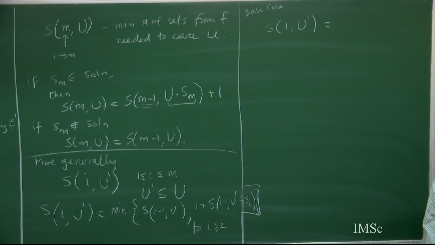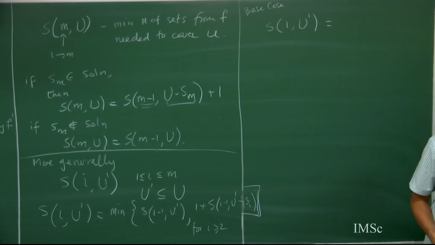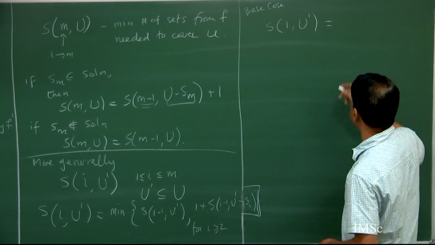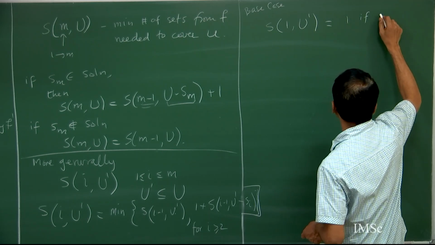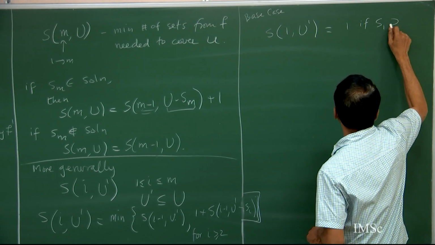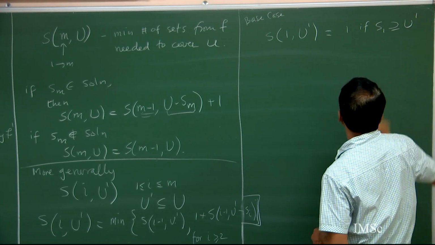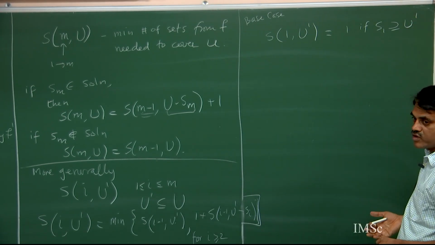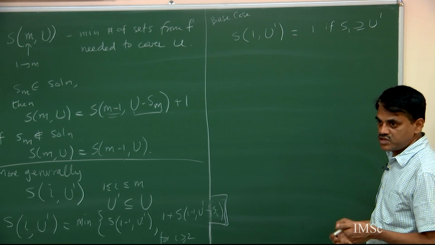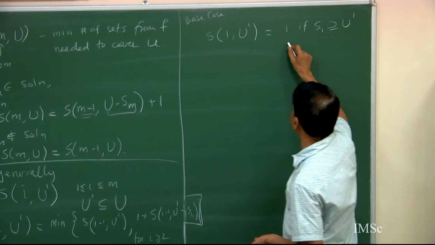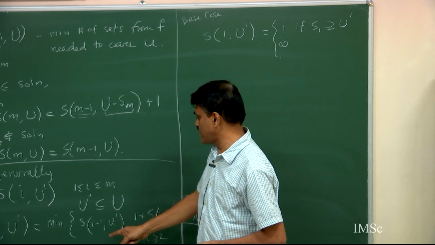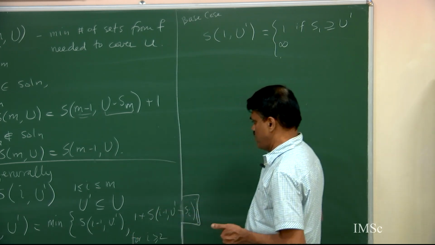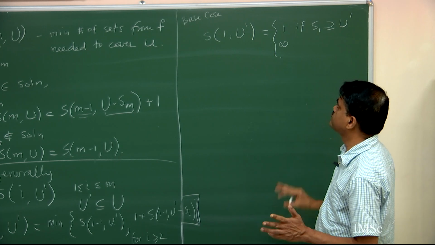I will give infinity or something, because it is a minimization problem. It is 1 if S_1 contains U', because you want to cover U' with only S_1. Otherwise it is infinity, because it is a minimization, so some other guy will take care of it. That is it.